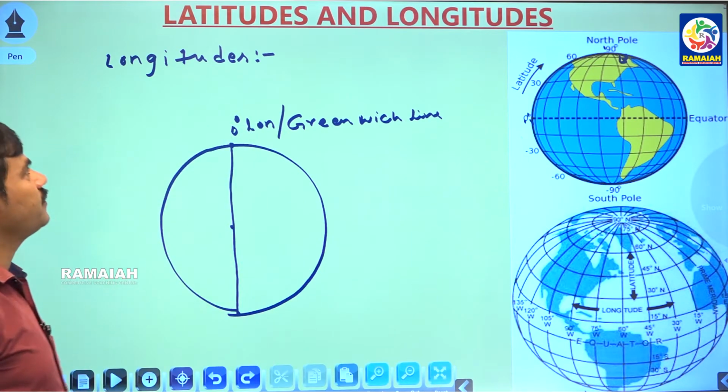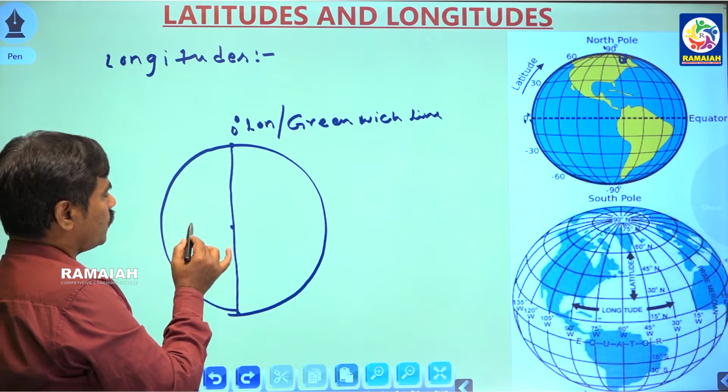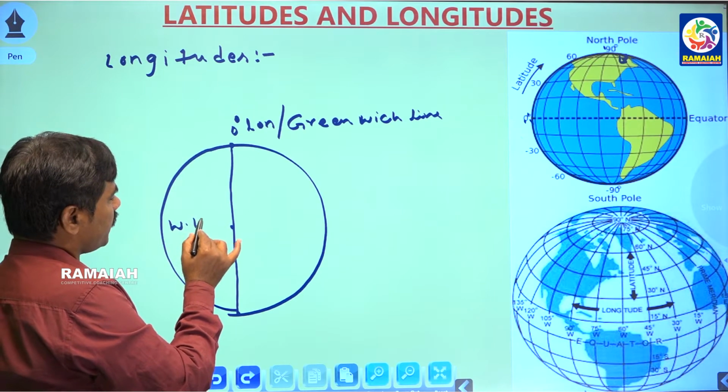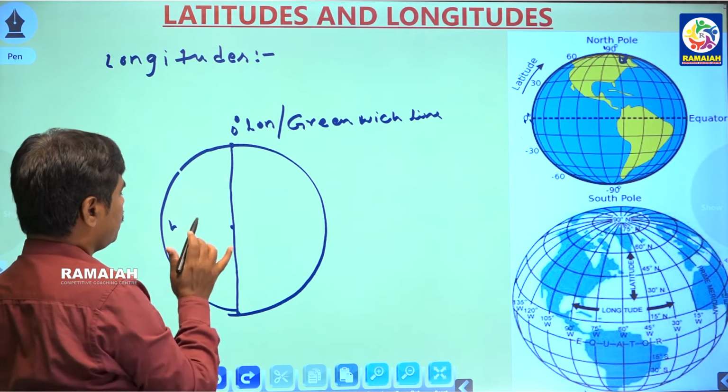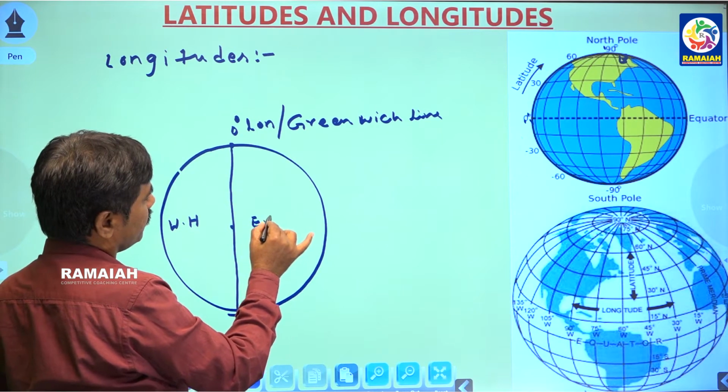By the Greenwich line or 0 degree longitude, the earth surface is divided into two equal parts: the western hemisphere and the eastern hemisphere.